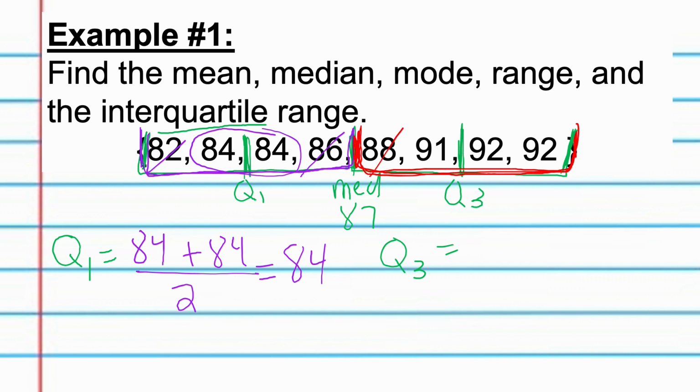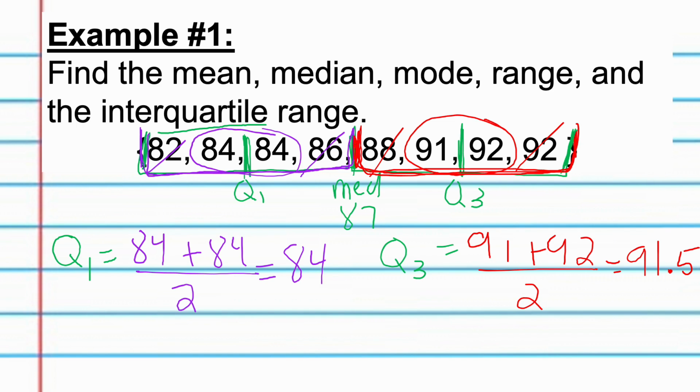So we cross off our numbers, and then we get our 2 in the middle here. So we do the same thing we did with our first one, 91 plus 92 divided by 2. So 91 plus 92 divided by 2 gives me 91 and 5/10, 91 and a half.